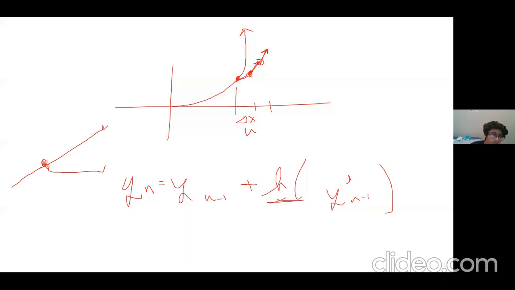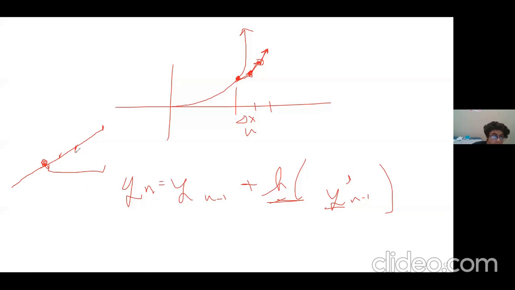Because you'll be at a completely different value depending on which y sub n this is. So the delta h is like a multiplier that's taking your tangent line and giving you more value. As you give more time, you're getting more value out of this slope or out of this tangent line, right? So that's why it's important to have both of these terms.